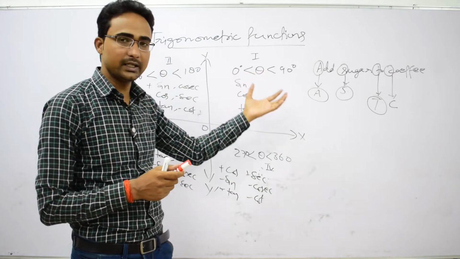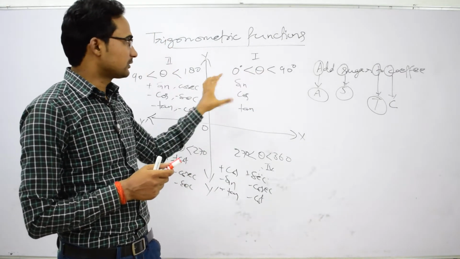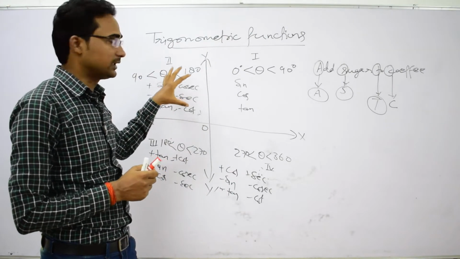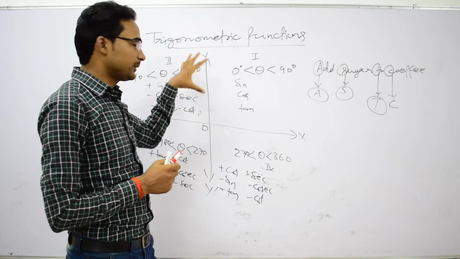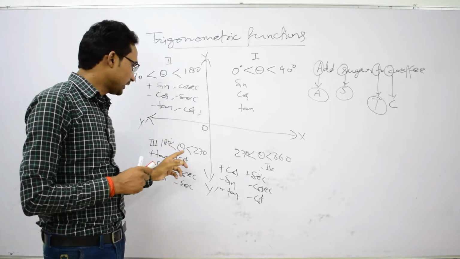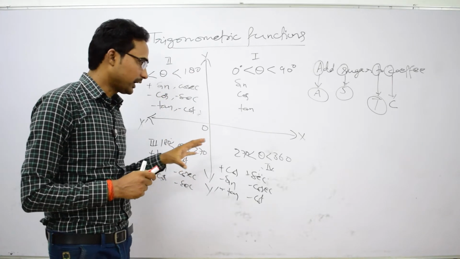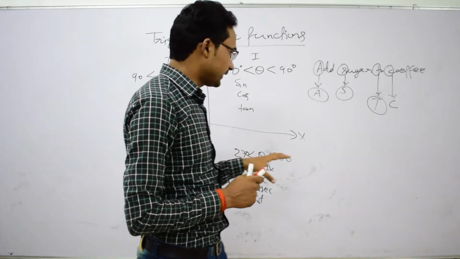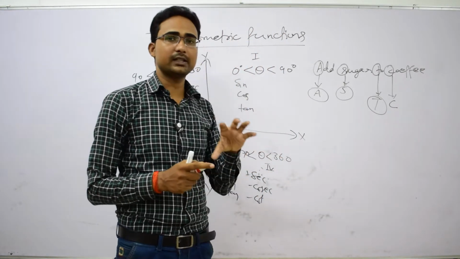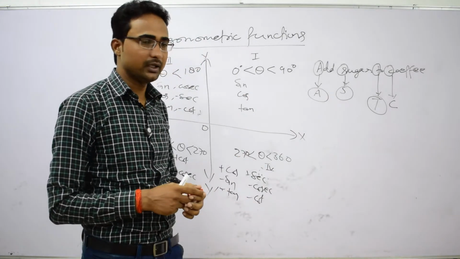If the angle is greater than 0 and less than 90, this is the first quadrant; if the angle is greater than 90 and less than 180, it is the second quadrant; if theta is greater than 180 and less than 270, it is the third quadrant; and if theta is greater than 270 and less than 360, it is the fourth quadrant. So, according to the quadrant, we can decide the sign convention of trigonometric ratios.